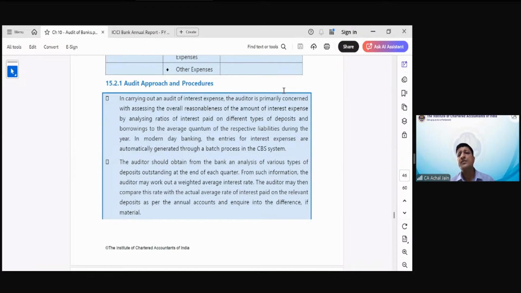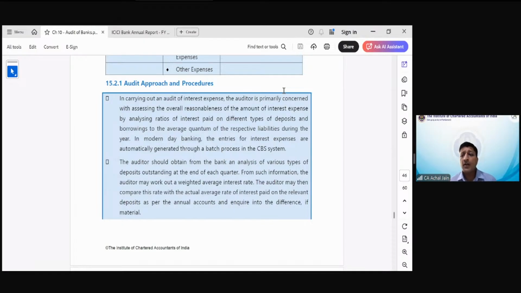Will you obtain this working, and will that working be obtained in an Excel file? There again, no. Because if you get onto an Excel file, that may not be possible, that may not be appropriate.